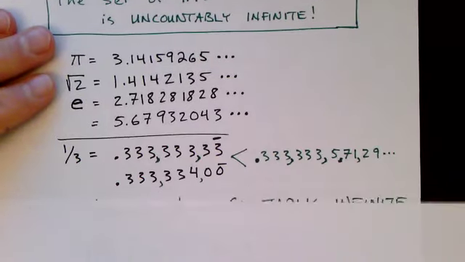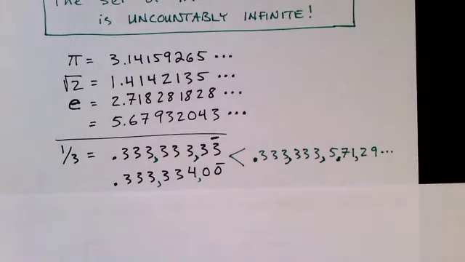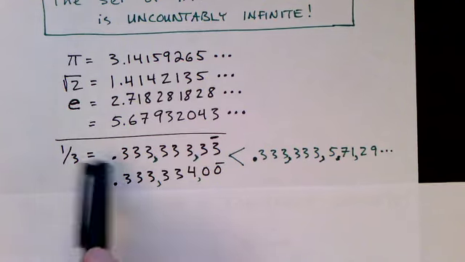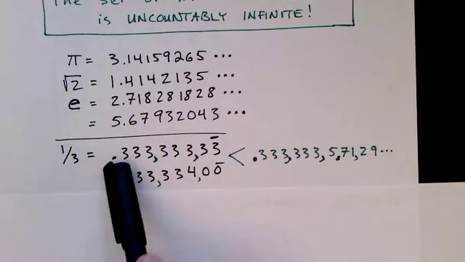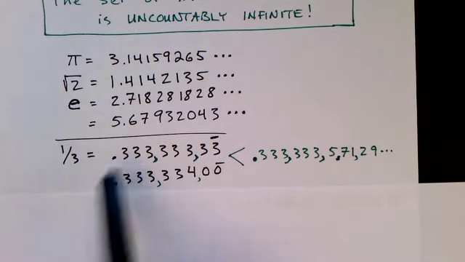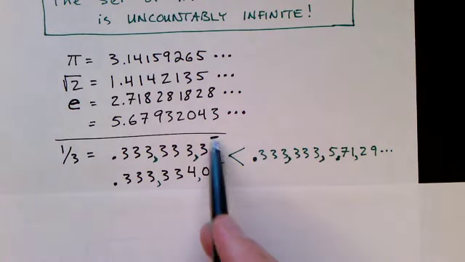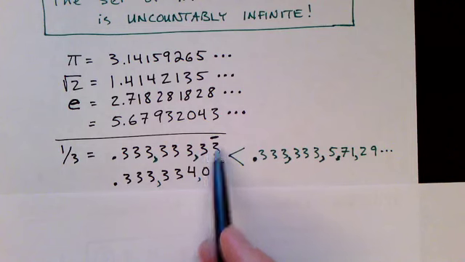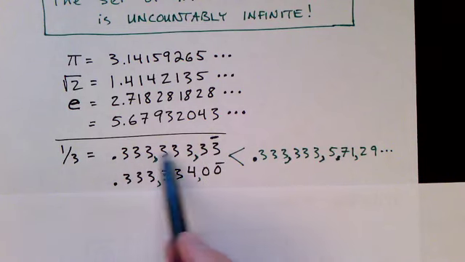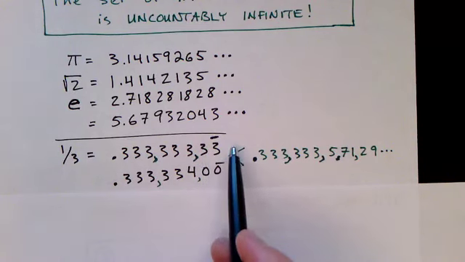Now here are some rational numbers to look at in contrast. 1/3 is expressed in decimal as 0.33333, and oftentimes we draw a line over the last digit to say that it repeats. So in other words, it's 0.3 with an infinite number of threes.